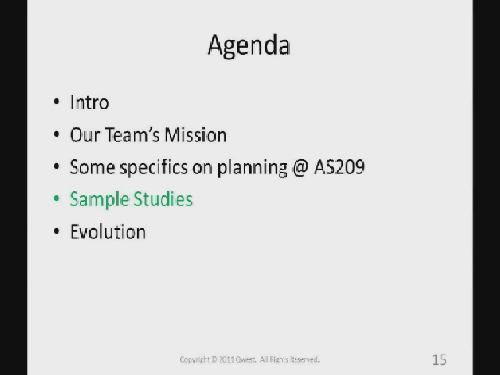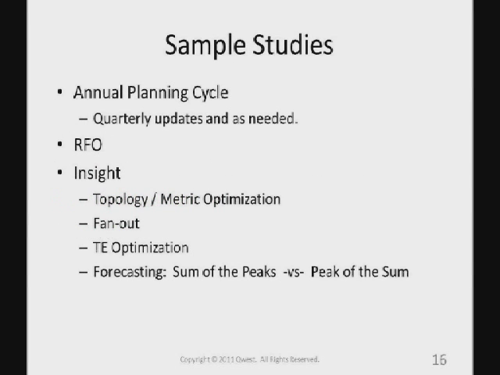Okay, so that's sort of the structure. With the next set of slides, I hope to transmit a sense of some of the studies that we work on throughout a typical year. And I've put these into three groups. The first bullet here is our core competency, or our core responsibilities.